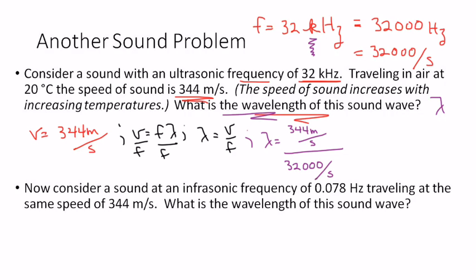So if we're looking at the units here, do you guys buy this, that the seconds will cancel, and we're left with just units of meters, which is great for a wavelength. If you plug that in your calculator, you should get a value. I got 0.01075 meters.